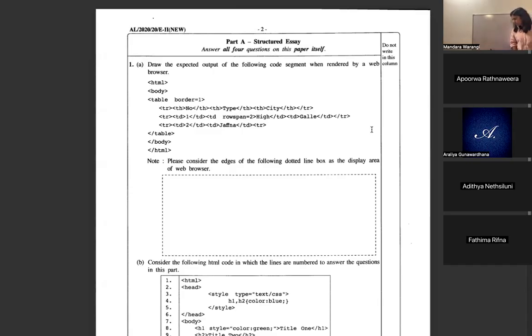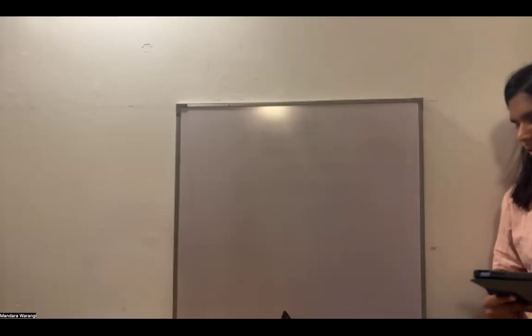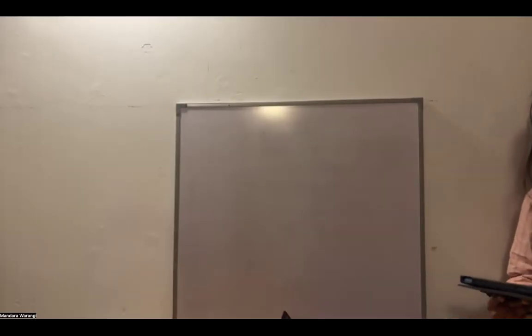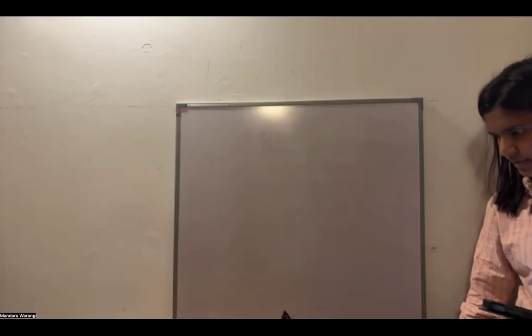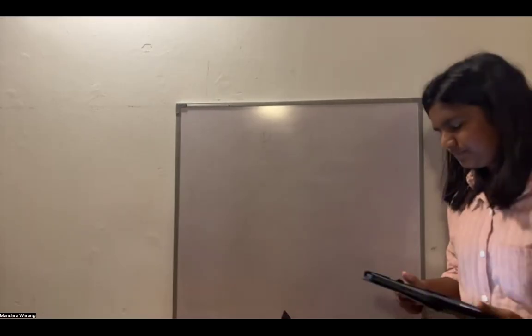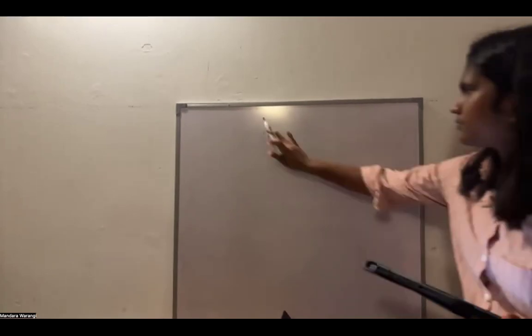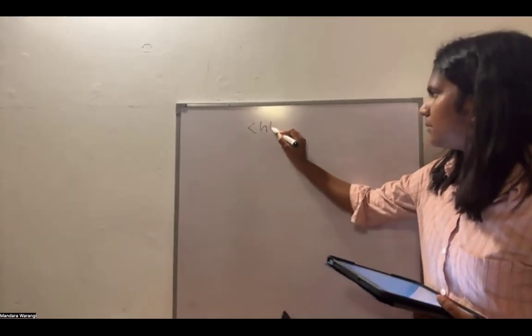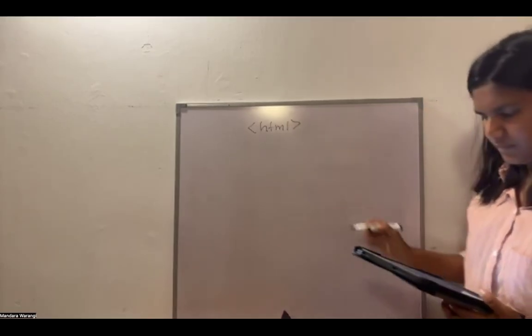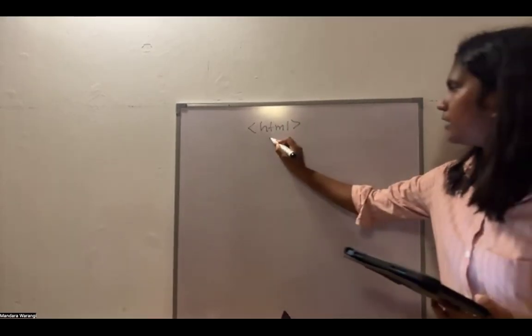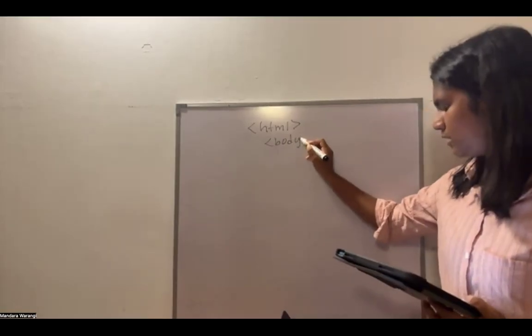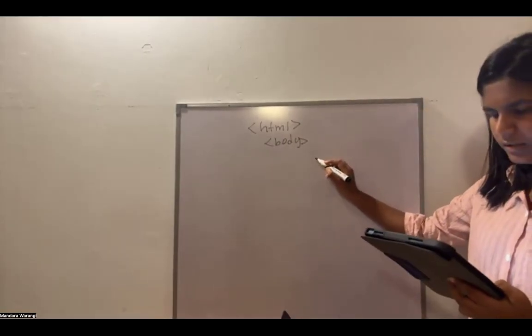The first question: draw the expected output of the following code segment when rendered in a web browser. Okay, so now look at the board. Let's see what the code segment is. It's HTML. Then you have the body tag open.